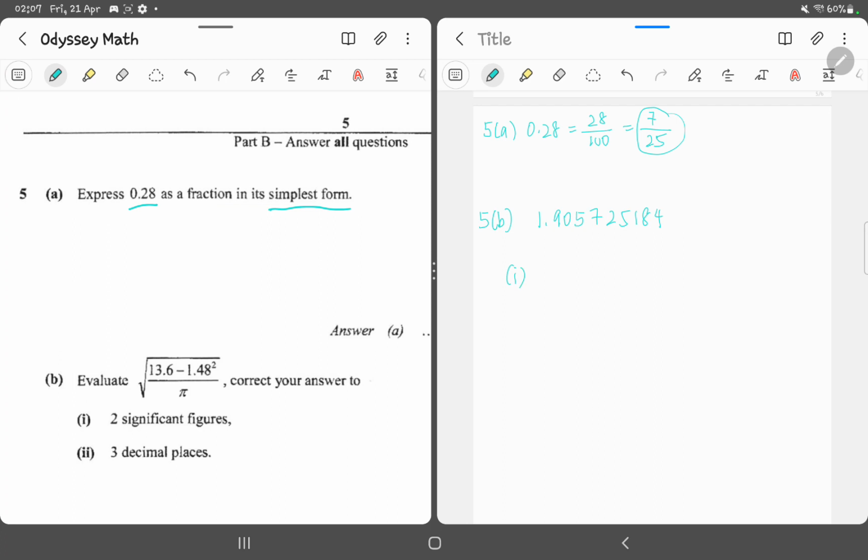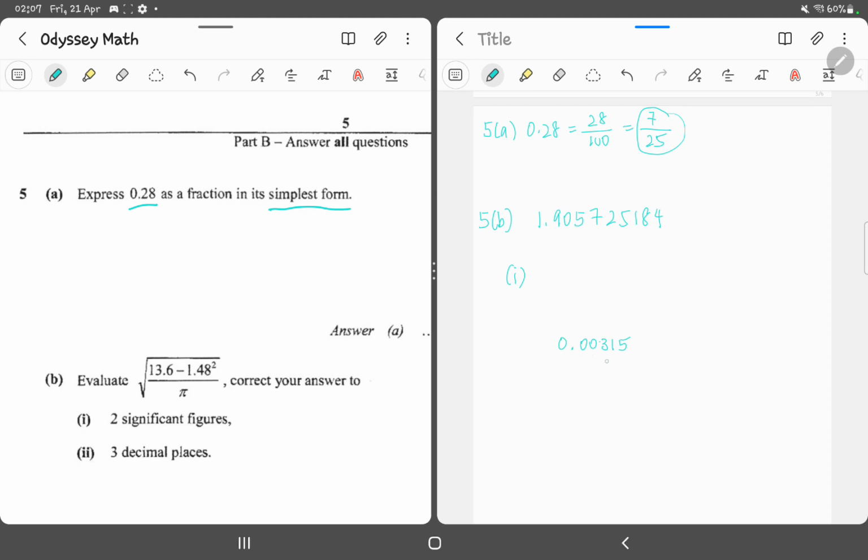So let's do a quick recap. Let's say it's 0.00315. If you are rounding to significant figures, in this situation we do not consider the zeros at the start. We do not consider them.